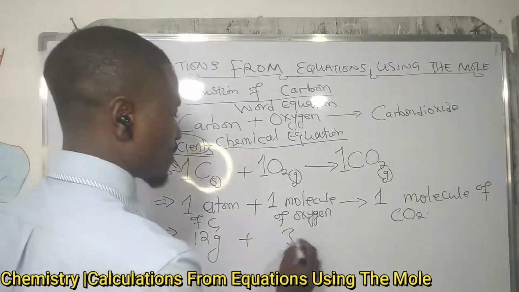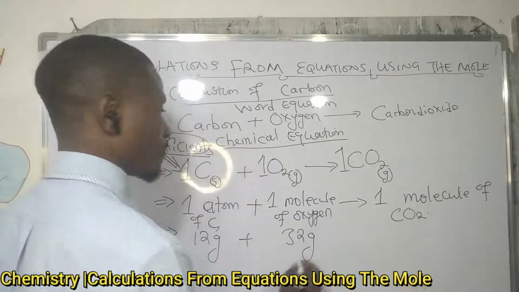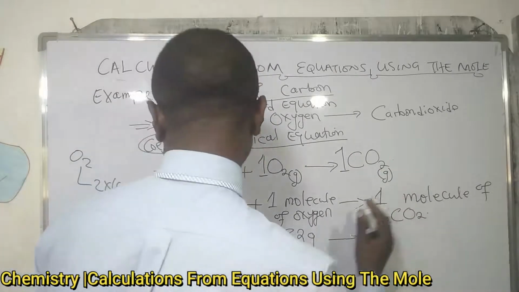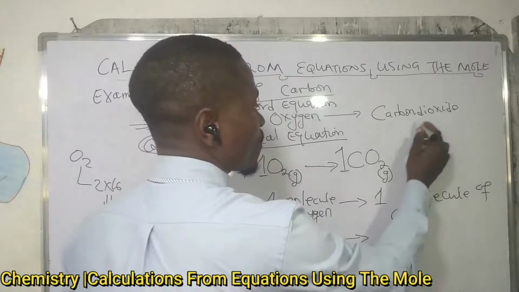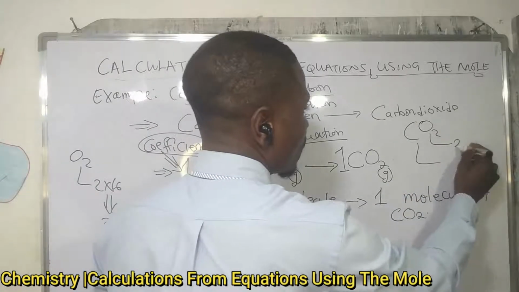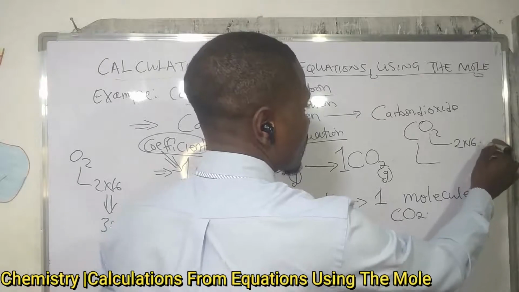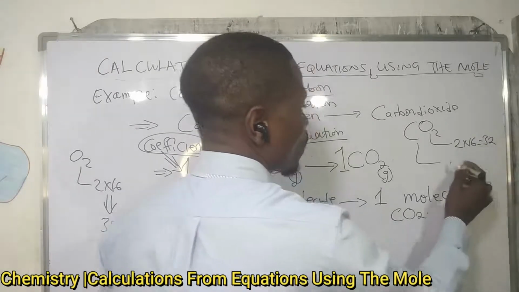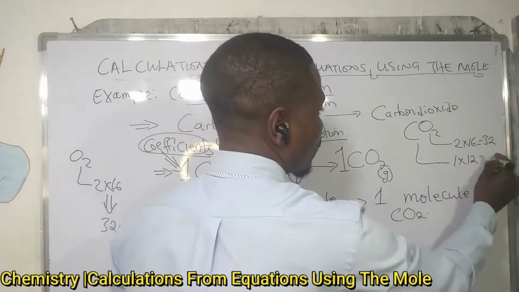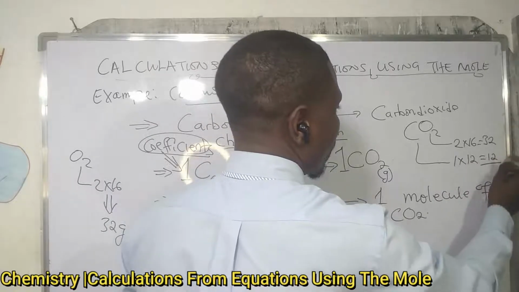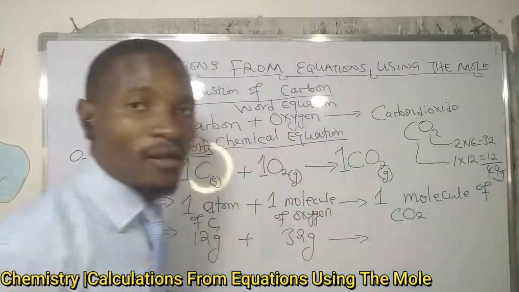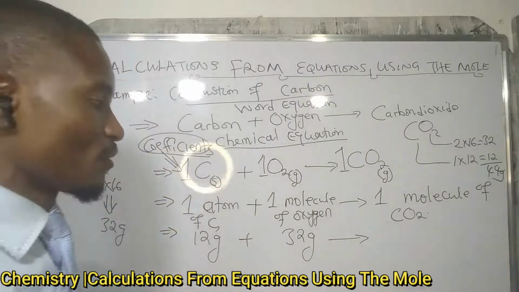For carbon dioxide, 2 times 16 is 32, and 1 times 12 is 12, which gives 44 grams.